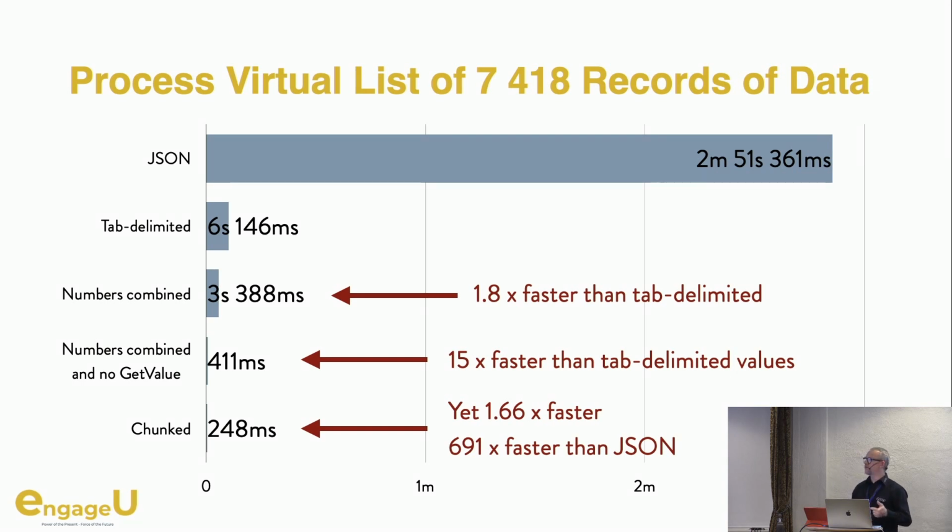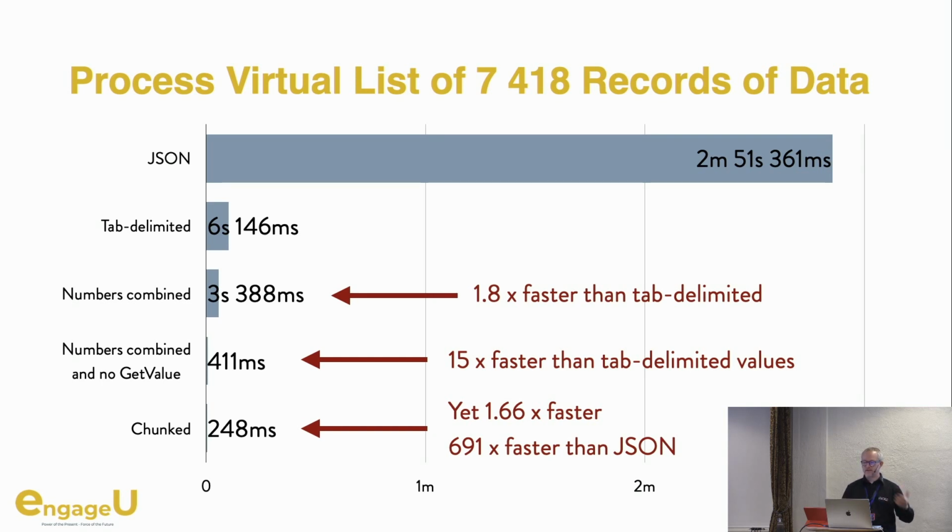But then I tried to apply the knowledge from optimizing that calculation iterating through 100,000 records, and using the combined numbers with my Replace approach to iterating through the list. And I got it 15 times faster.